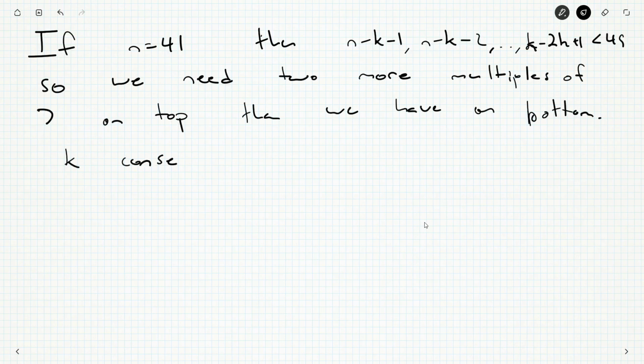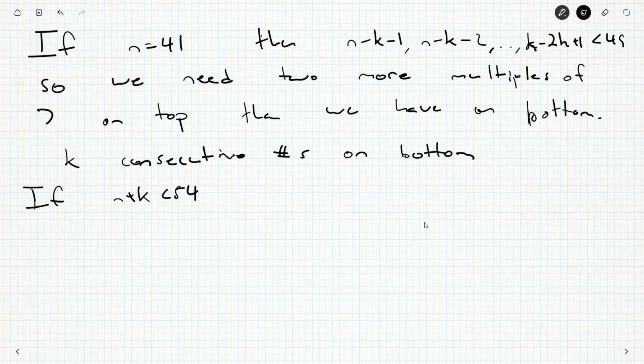We've got k consecutive numbers on bottom. If our n plus k is less than 54, then since n is 41, that means k is less than 13.